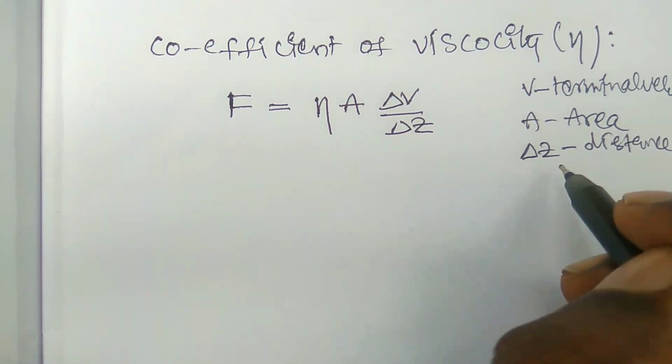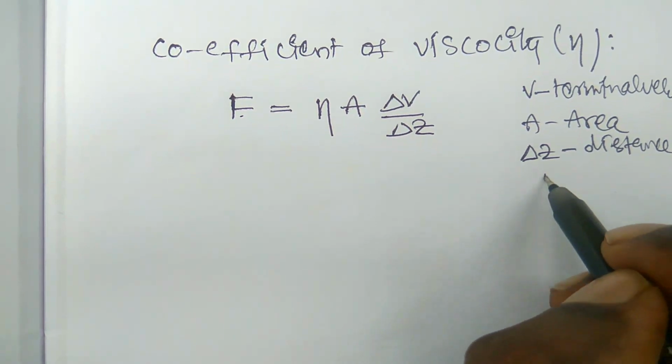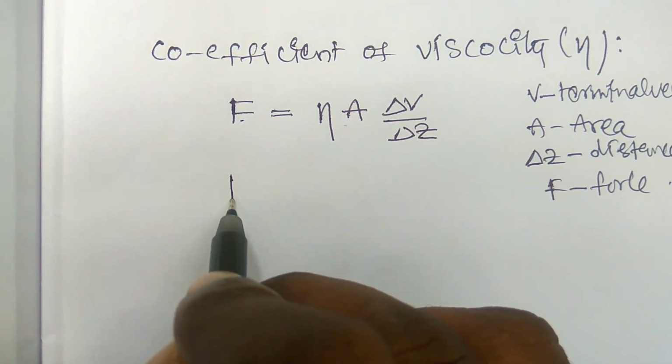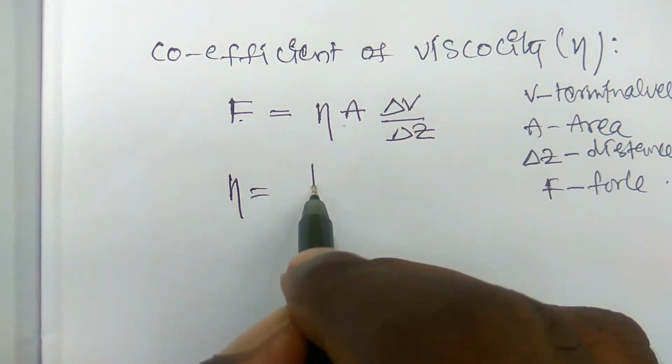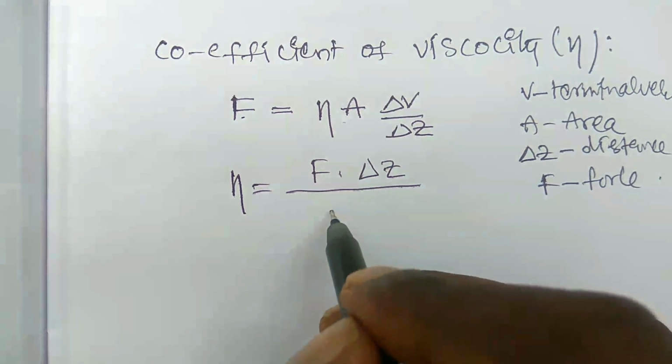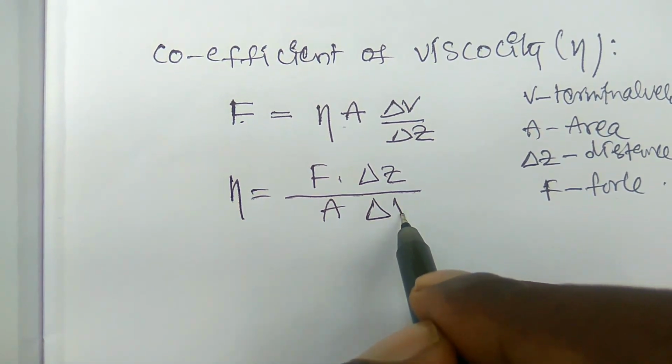F is the force. So from this we can write eta is equal to F delta Z by A into delta V.